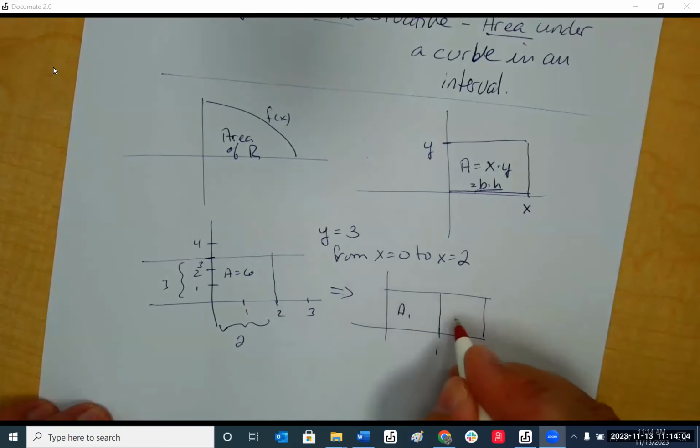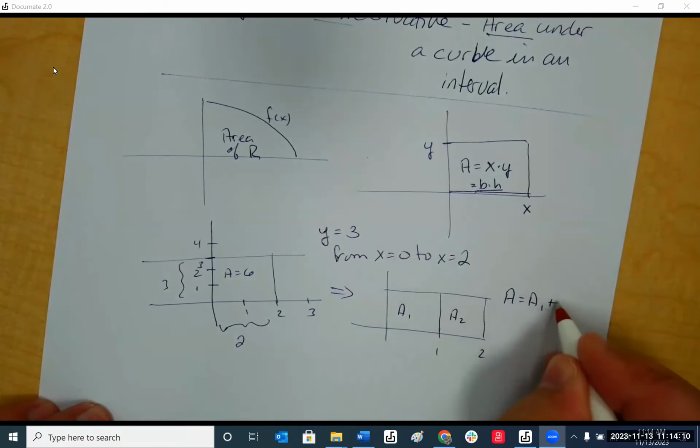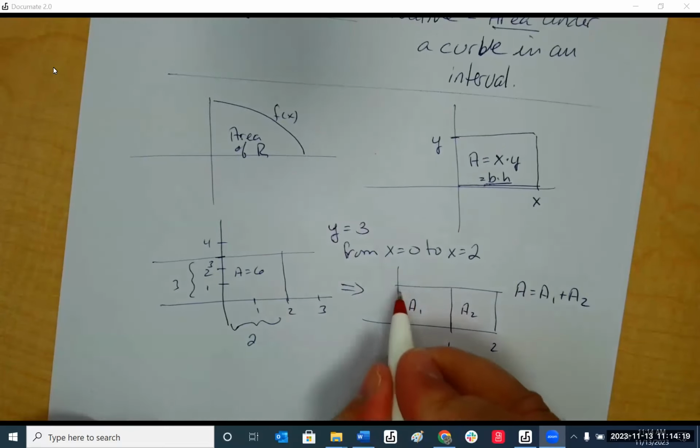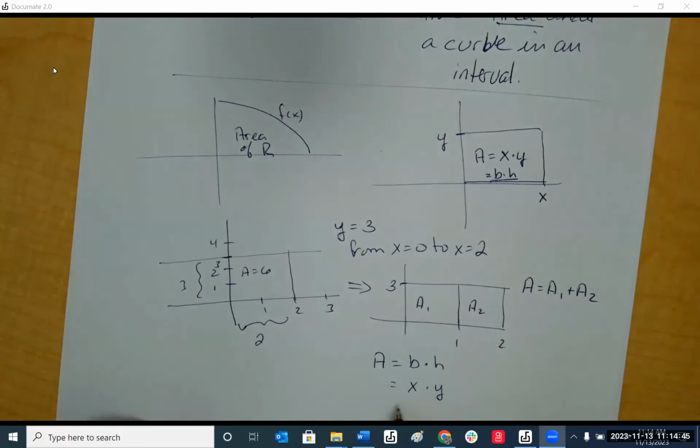We'll find this area and this area, and if we add up those two sub-areas, we'll get the overall area, because the formula for area is the base times the height. The base deals with the x value, the height deals with the y value, or the function.